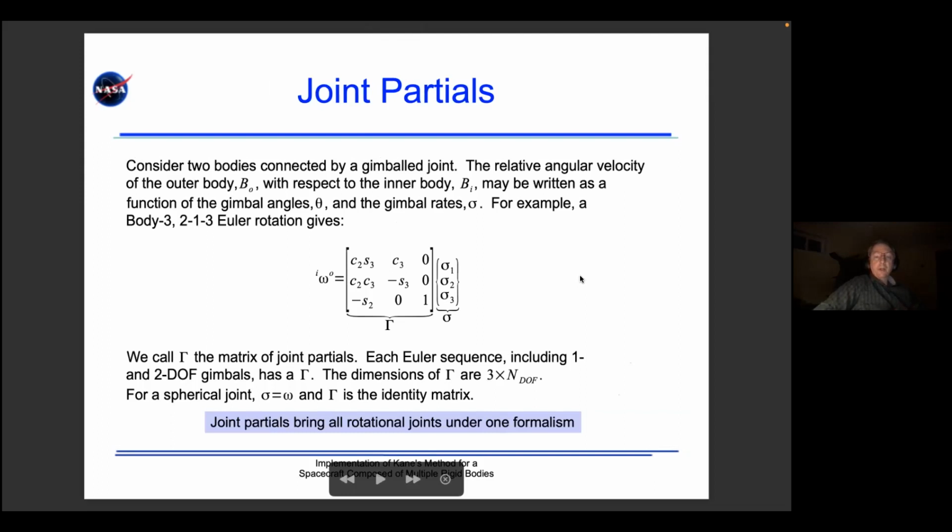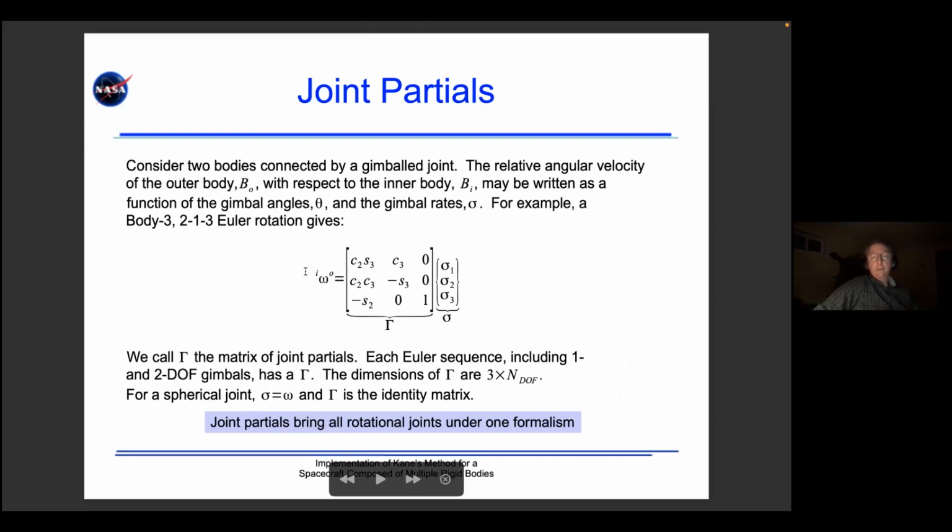I'm going to talk about joint partials. This sigma here is the generalized speeds related to a joint, and I want to relate that to the relative angular velocity of an outer body with respect to an inner body.